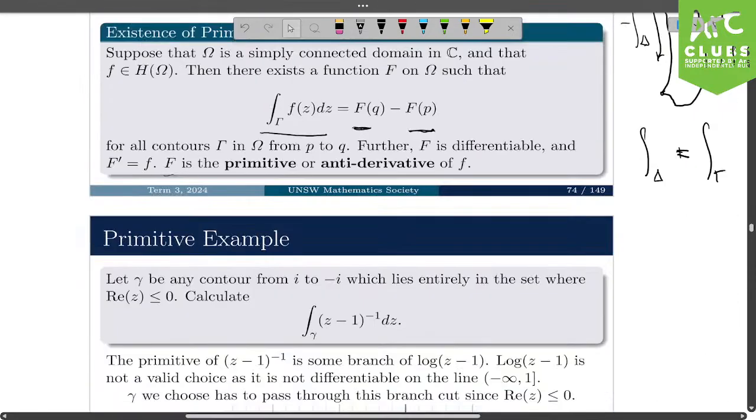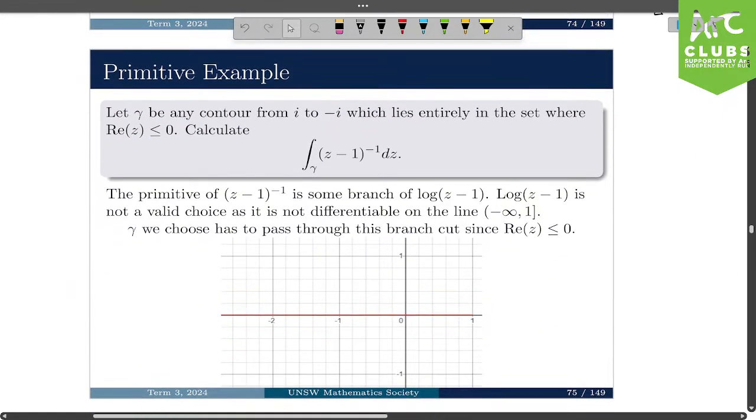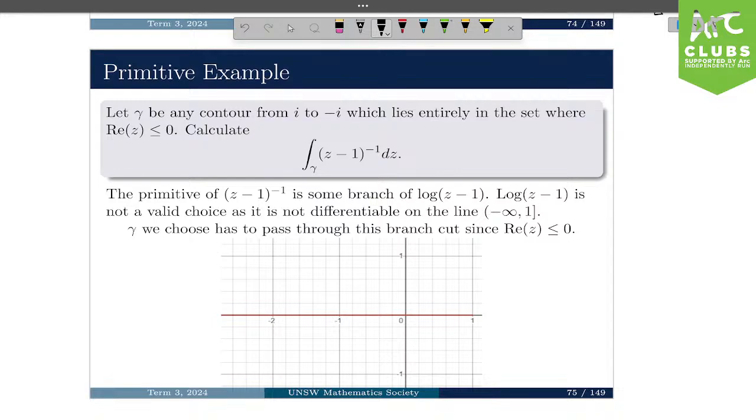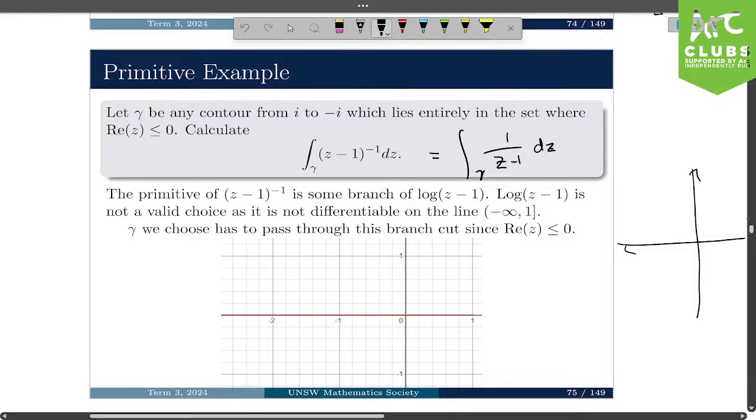So here, we're asked to integrate this function, z minus 1 to the power of minus 1, so 1 over z minus 1, along a contour gamma, which is specified to start at i and end at minus i.